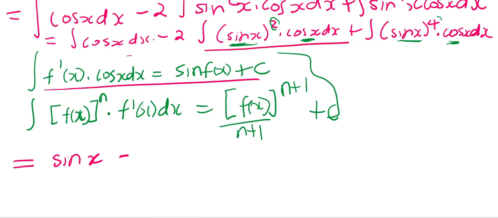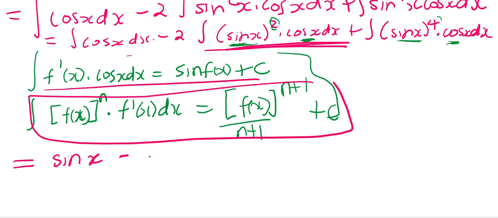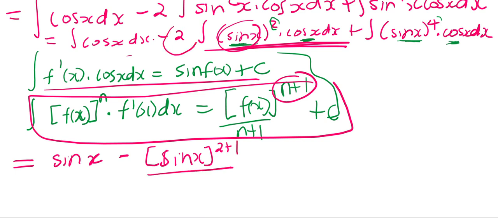Minus, now, what is n? We're using this formula over here. Let's start with our f of x. Our f of x is sine x. So let's substitute sine of x. Now they say n plus 1. Our n is 2, so 2 plus 1 over 2 plus 1, and let's not forget the 2 in front, guys. Plus, here, our f of x is sine of x.